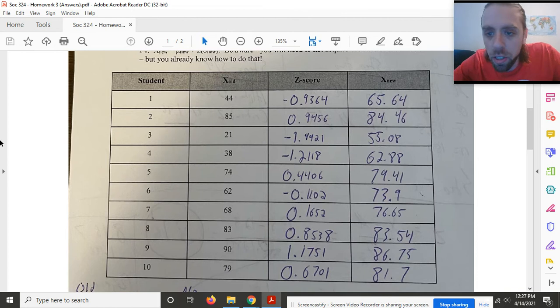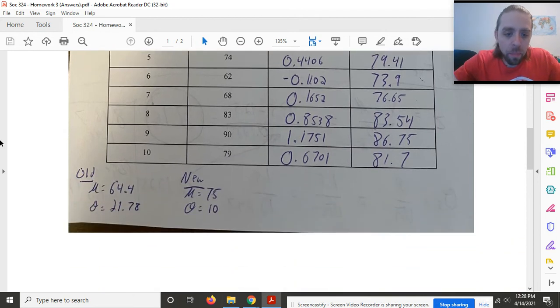And the values we should have ended up with, more or less, are 65.64, 84.46, 55.08, 62.88, 79.41, 73.9, 76.65, 83.54, 86.75, 81.7.